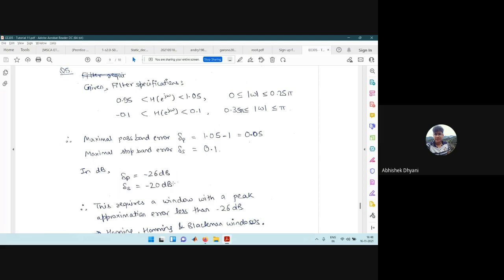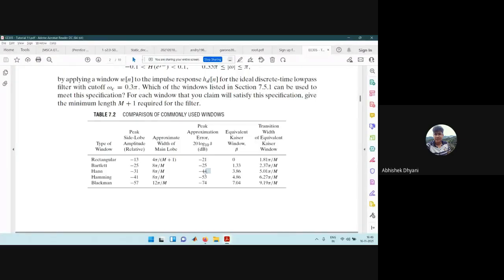From these two values, I can tell that the peak approximation error should be less than minus 26 decibels. And if we go back to the table, then you can see that minus 44, minus 53, and minus 74, these three values are actually less than that error that is desired.